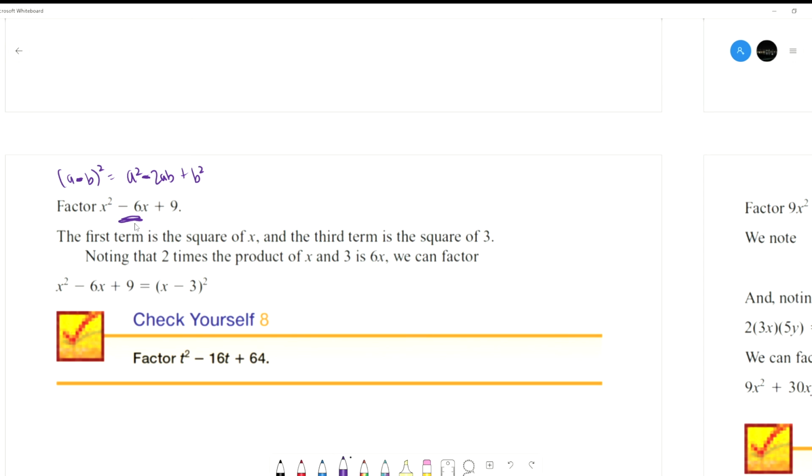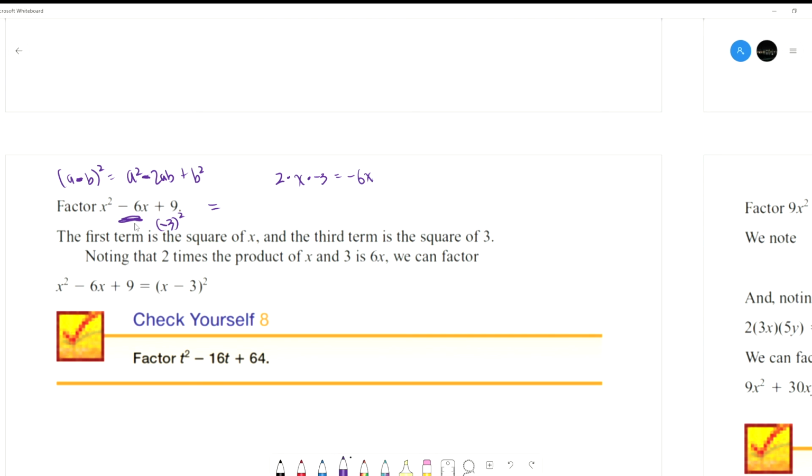All right, so the first term x squared is just x. The second term is plus 9, but because the middle term is a minus 6x, we have to look at it as a negative 3. So this is actually negative 3 squared. Let's do our test real quick. 2 times the first, x, times the second comes out to negative 6x, which is our middle term.